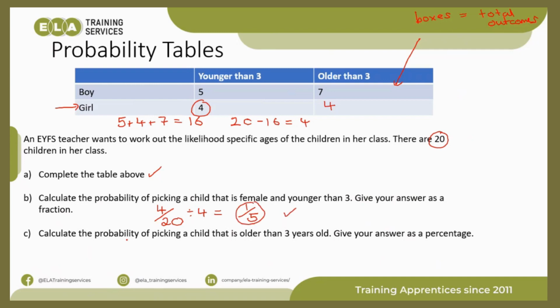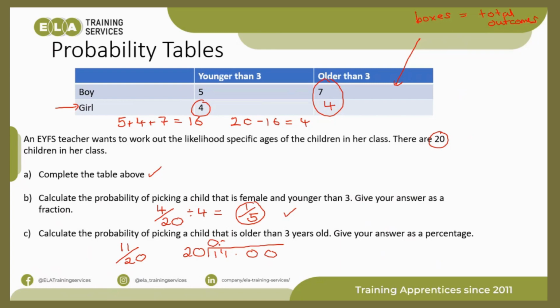Then we're going to be looking at calculating the probability of picking a child that's older than 3. So now we're looking at the entire column older than 3, which is 7 add 4, which is 11. So it's going to be 11/20. And we want to give our answer as a percentage. So this time we're going to have to put it in bus stop. So 20 into 11. 20 into 1 doesn't go, 0.